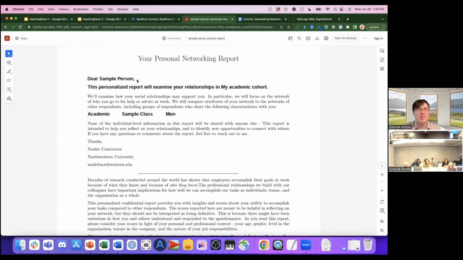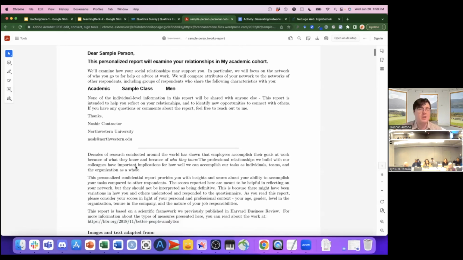In this case, this sample person is talking about their academic cohort at school, and they're going to be compared against the network properties of other people in their academic cohort, against other people in the same class as them, assuming this exercise was part of a teaching course, and against people who have the same gender identity.